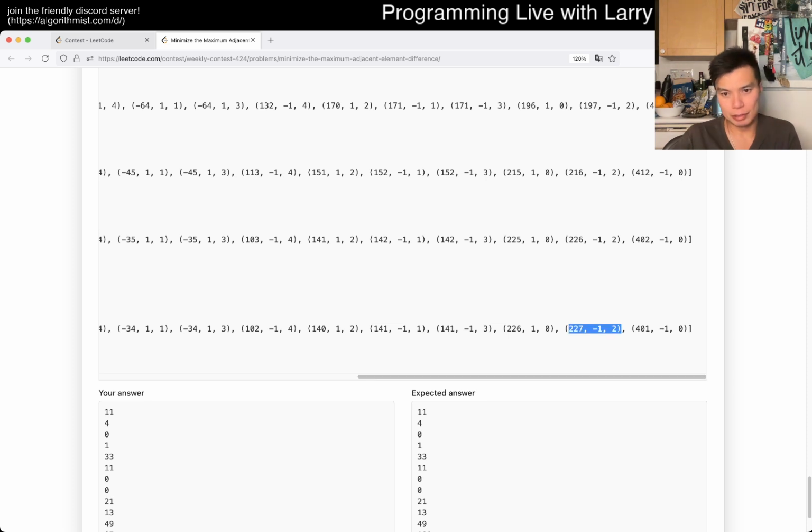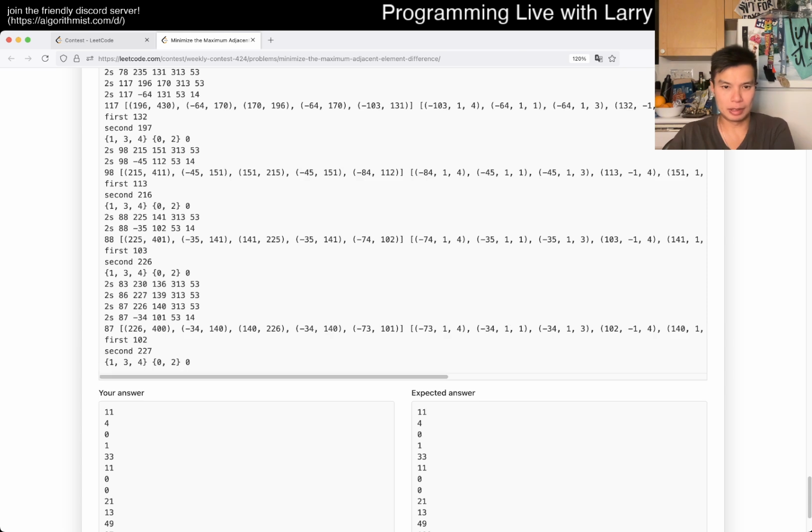Okay, so I guess this gets removed first as y, but okay. Is that what we want though? Why the dupes?